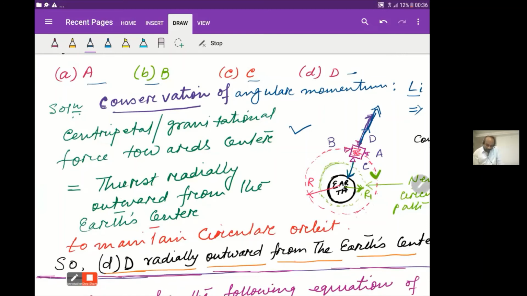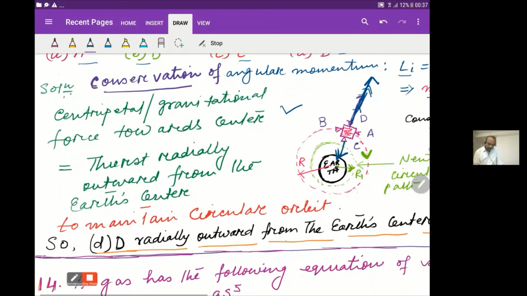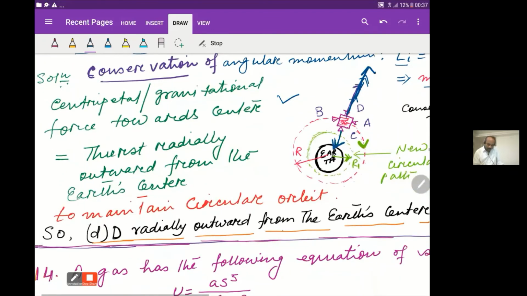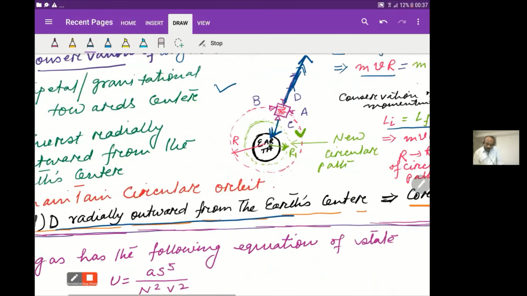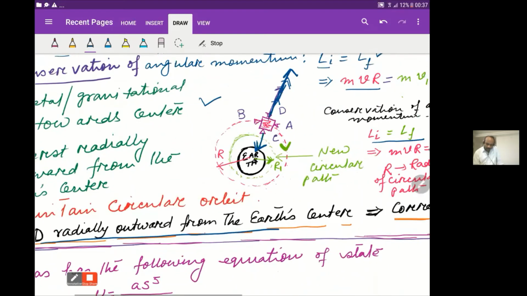So the centripetal or gravitational force towards the Earth center is equal to the radial outward thrust from the Earth center. And this is only possible when the rocket D fires. So option D, that is capital D, radially outward from the Earth's center. That is the correct answer.